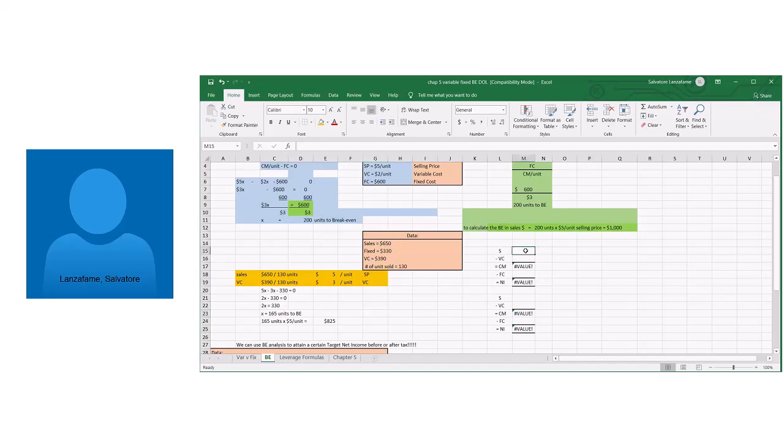If I do 825 here, my variable cost, 165 units. Again, if these are the units that I'm doing for break even, I now need to take that 165 and multiply that by the $3.